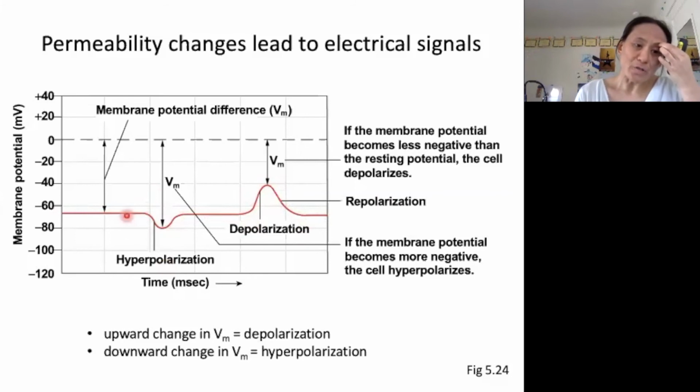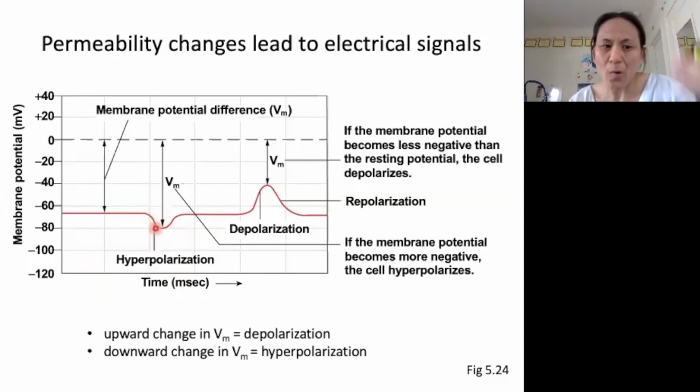If the membrane potential becomes more negative than the resting membrane potential, we call that a hyperpolarization. Hyper, because it's becoming more polarized; the membrane potential is actually moving further away from zero. So that's why we call it hyperpolarization. And then if the membrane potential becomes more positive, we call that a depolarization because it's becoming less polarized.